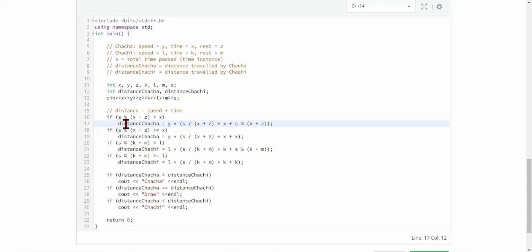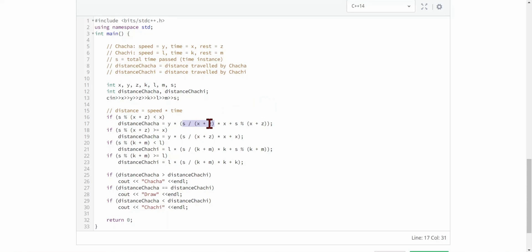So here we have distance equal to speed into time. So distance for Chacha is y meter per second, so y into the total time for which Chacha is running. So here we have s divided by x plus z, that is the total time upon the time cycle. So we have the number of time cycles that Chacha needs to cover till time equal to s.